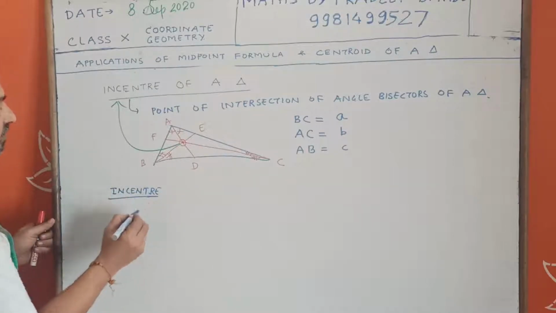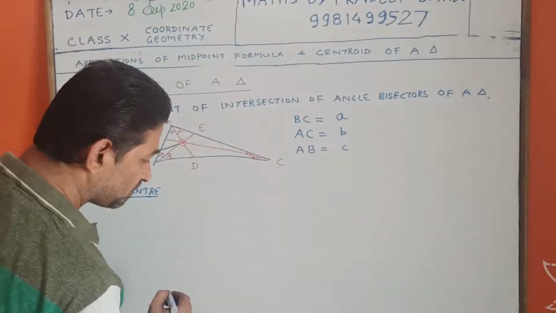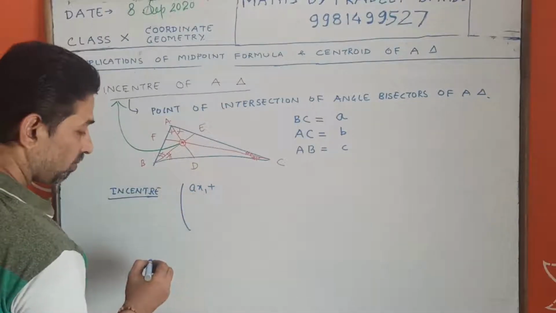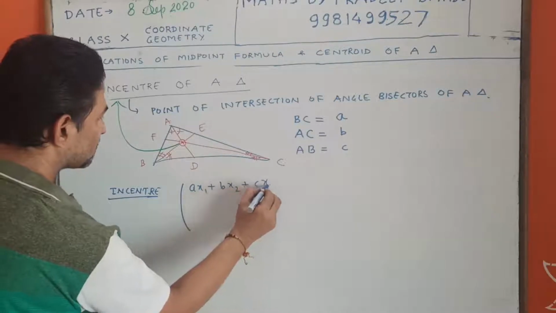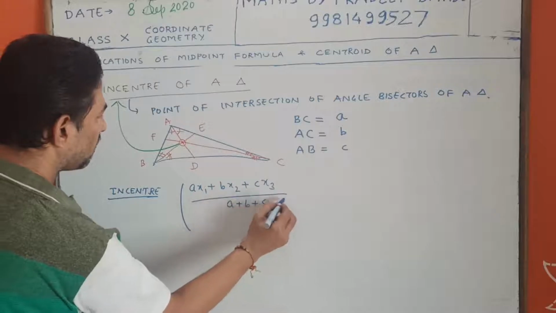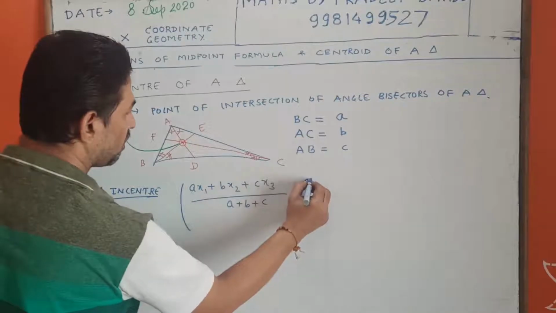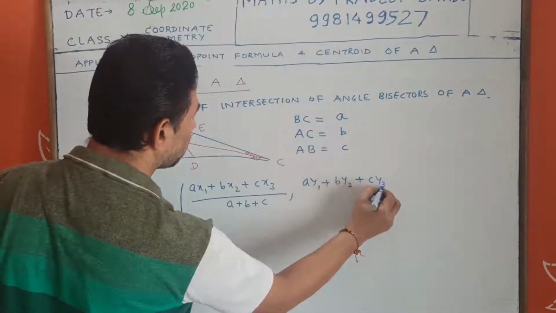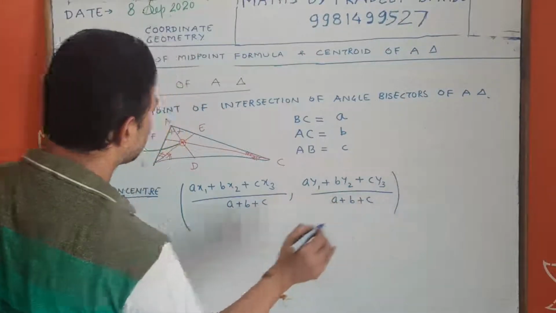The incenter of a triangle is given by (aX1 plus bX2 plus cX3 upon a plus b plus c, aY1 plus bY2 plus cY3 upon a plus b plus c).